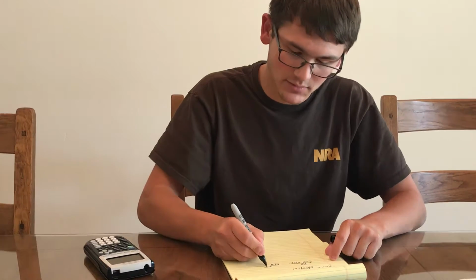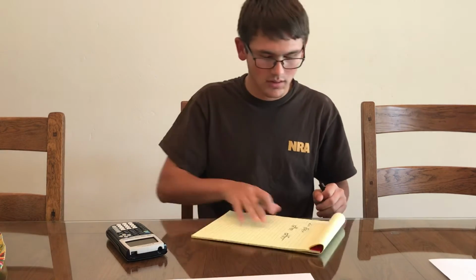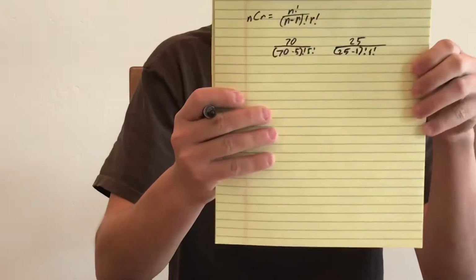And then what we will do is we will take the numbers we have to work with, our r, which is 5 and 1, and we would put 5 with 70, because it specifically states 5 numbers between 1 and 70. So (70 minus 5) factorial, 5 factorial, and 1, because it specifically states 1, (25 minus 1) factorial, 1 factorial. And there is our full equation.